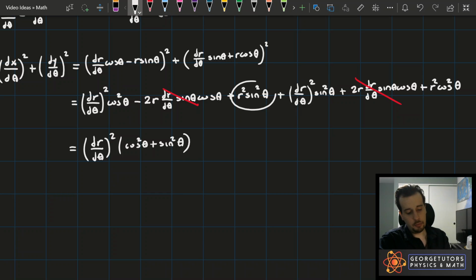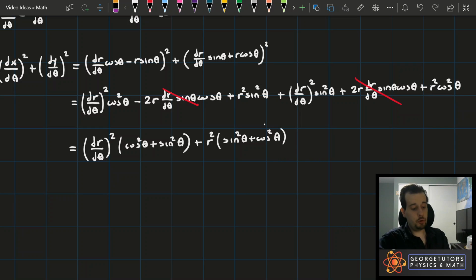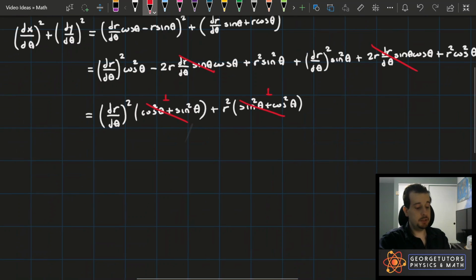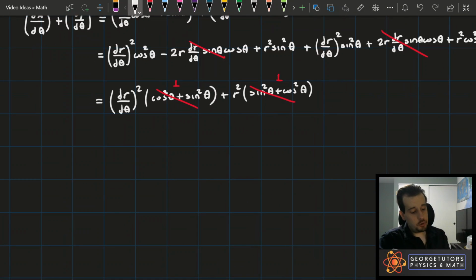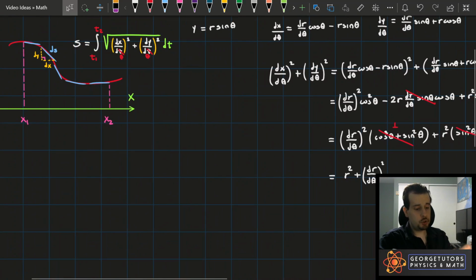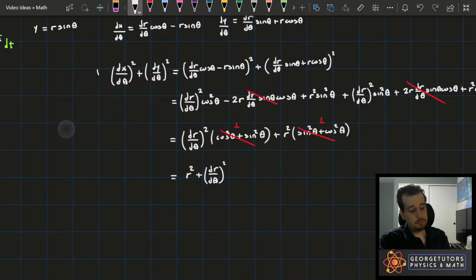And then for the other remaining terms here and here, I can pull the r squared and be left with sine squared theta plus cos squared theta. Now, of course, the sums here of the square trig functions is 1 from the known identity that we have. And so you can see what the final result is. It's just the r itself squared plus the derivative with respect to theta also squared. And of course, that was in the end, we wanted to square root this quantity, right?